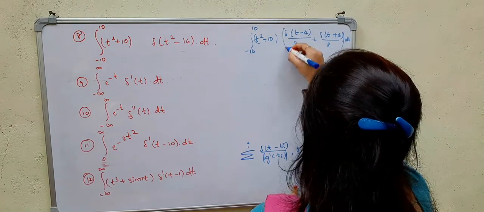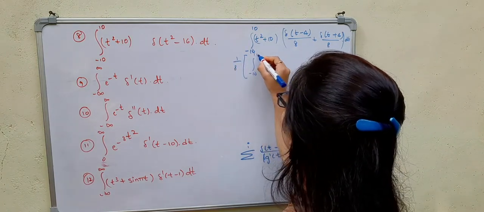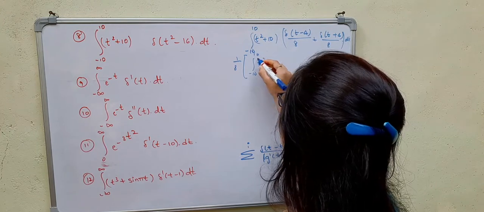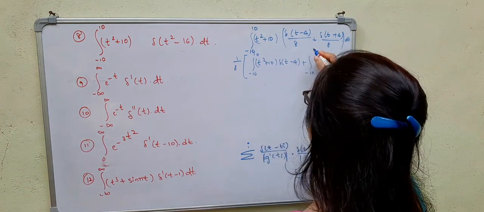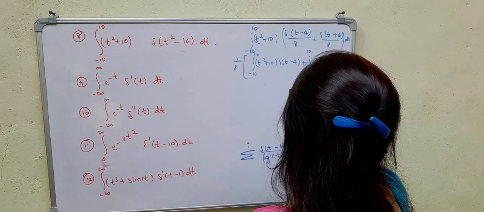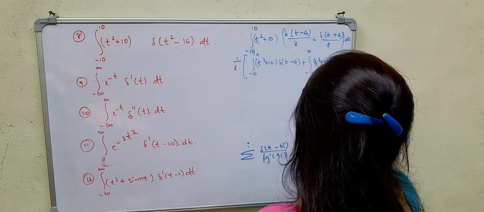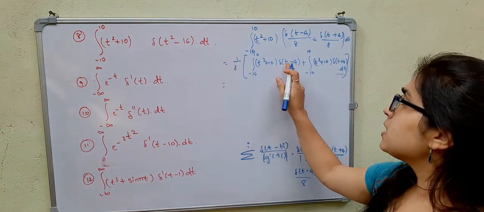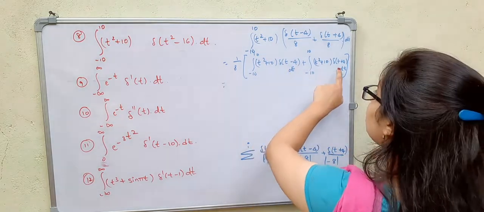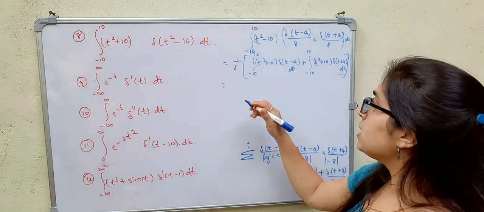When I take 1 by 8 outside, we have the integral from minus 10 to 10 of t square plus 10 times delta of t minus 4, plus the integral from minus 10 to 10 of t square plus 10 times delta of t plus 4, dt. In this case, t is equal to 4 and t is equal to minus 4, both are in your limits minus 10 to 10. So we can solve it.